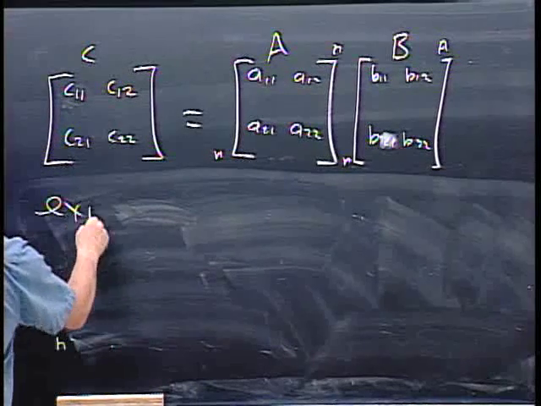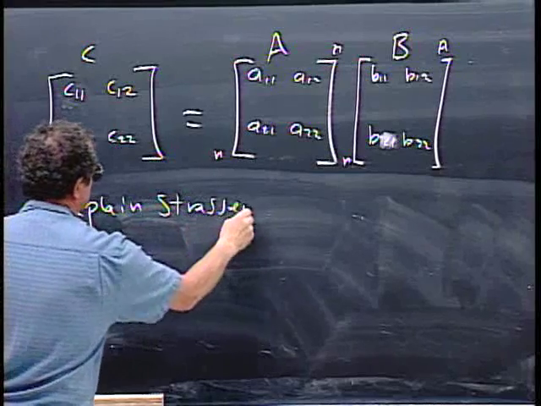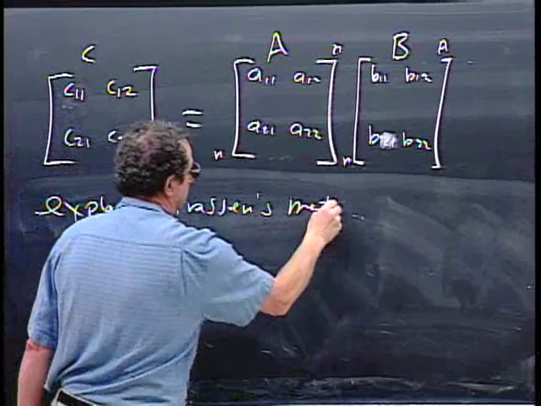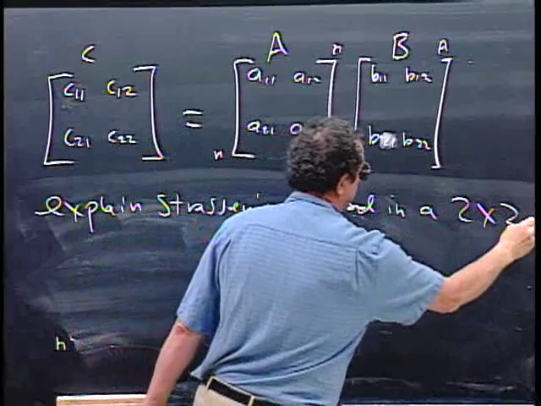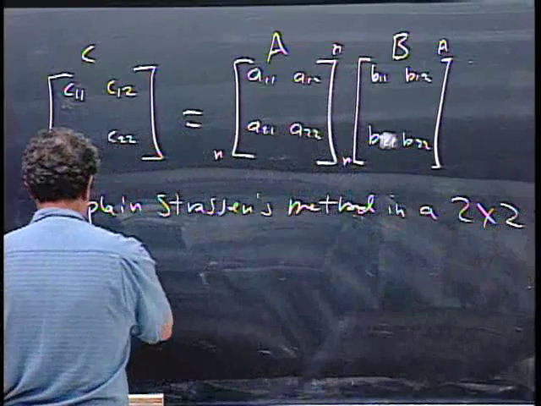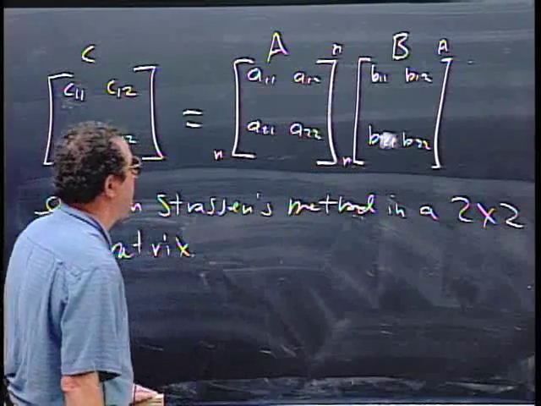So, explaining first Strassen's method in a 2x2 matrix, or 2x2 matrices. Okay?